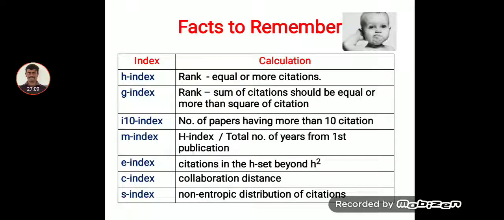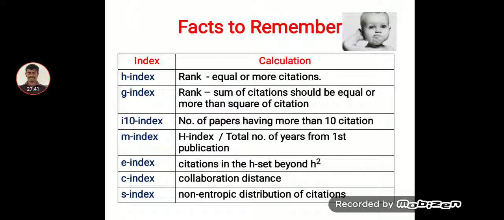Now the H index is calculated from the rank and the citation. So remember that the rank and the citation are compared. The citation should be either equal or more, and that ranking is taken as the H index.